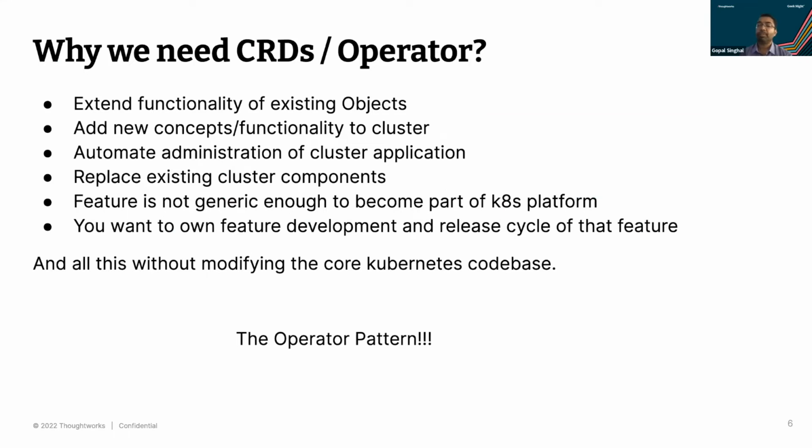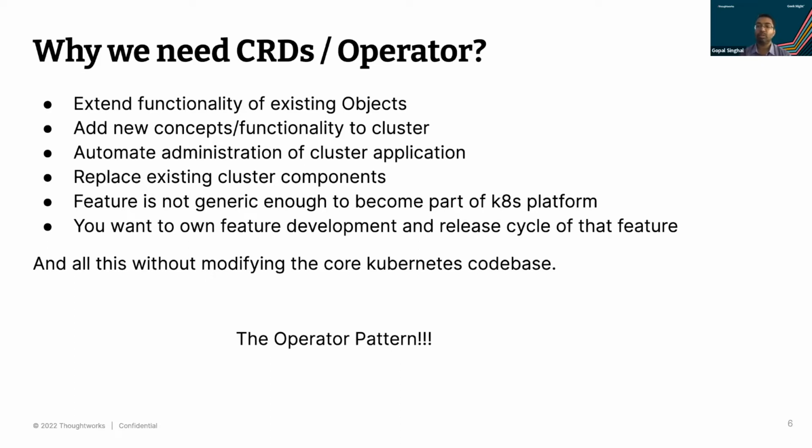So, to recap Kubernetes and its reconcile loop, we just saw that Kubernetes gives a lot of features in the form of objects to manage application workloads, but in a few scenarios these may not be sufficient. We may need to perform more complex operations than what we just saw.